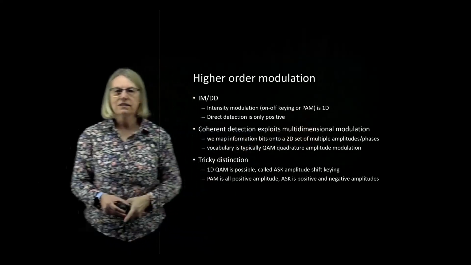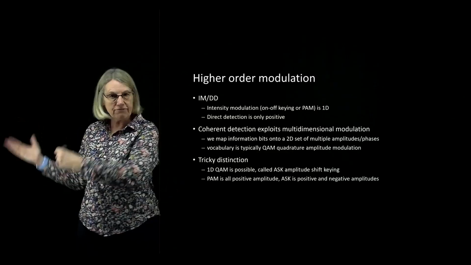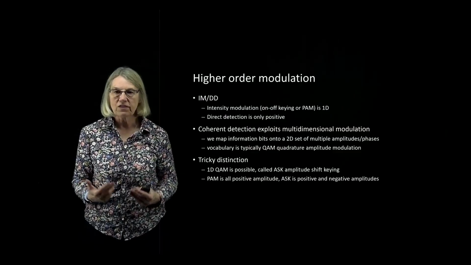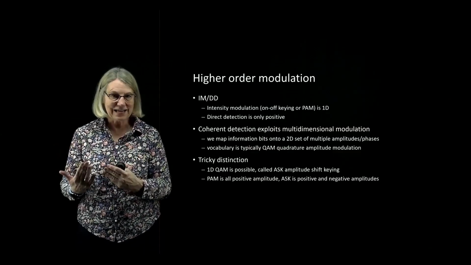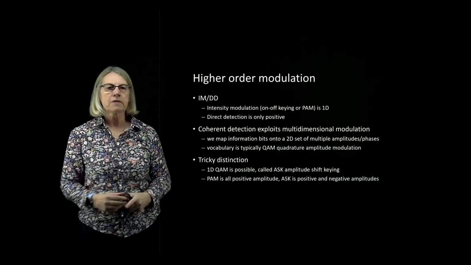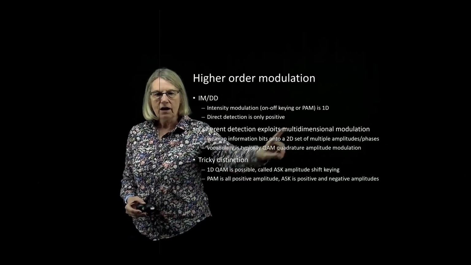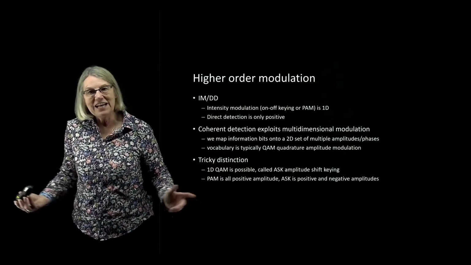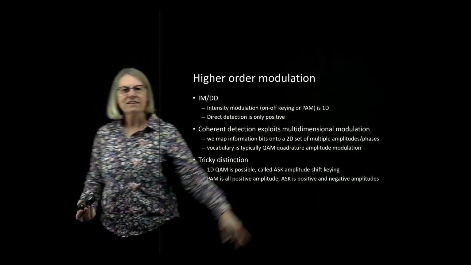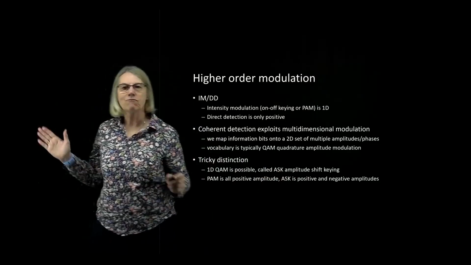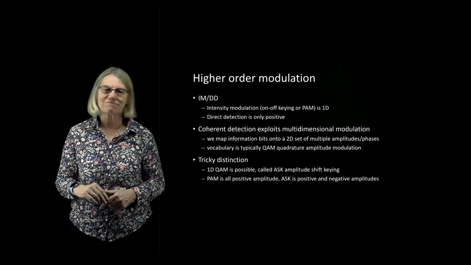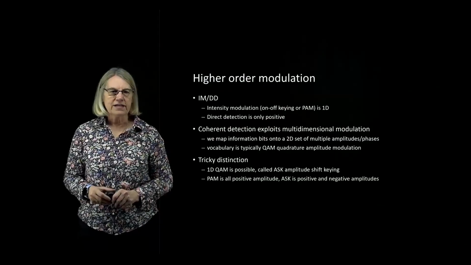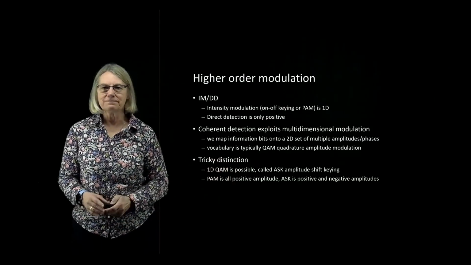So PAM modulation in optics, and the vocabulary can be different in wireless communications, but in optics, when we refer to PAM modulation, it is with positive detection, intensity detection, power detection. And when we use one-dimensional QAM, or you could think of it as positive and negative PAM, or PAM with phase, then we call it amplitude shift keying, just to try and have a vocabulary that helps us understand what's going on in this sort of tricky distinction. So PAM, all positive amplitudes, and ASK, positive and negative amplitudes.